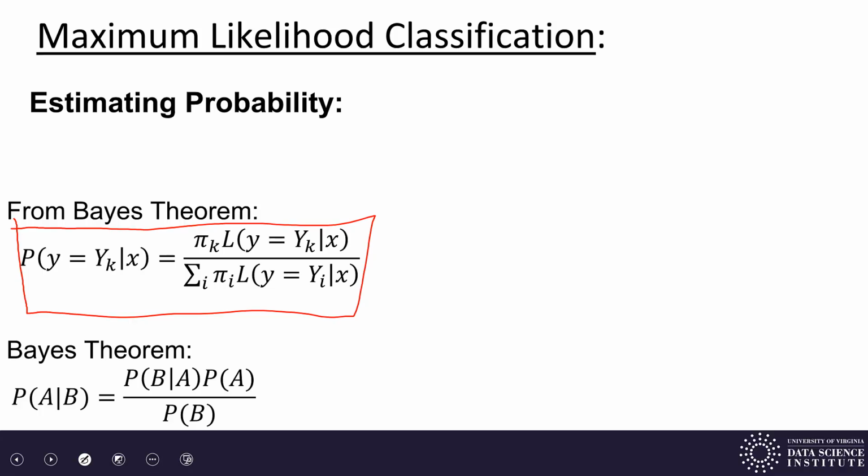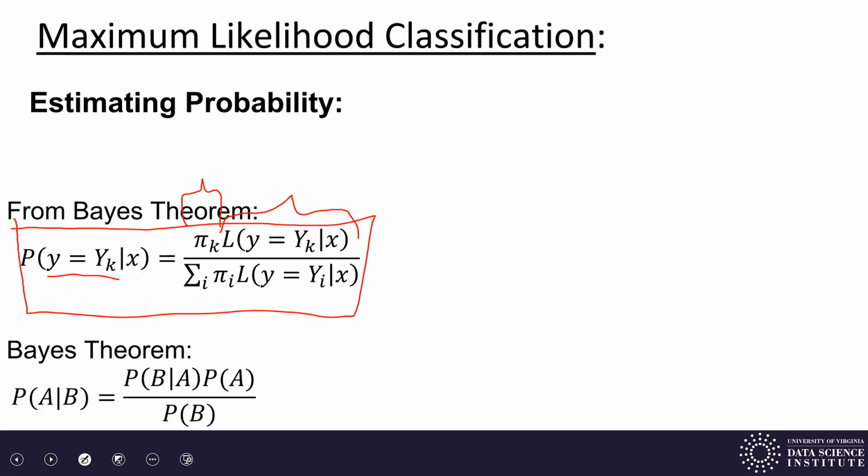What's going on here is we have this L, that's the likelihood of the class that we're looking at. So the probability of class k is the likelihood of that class times the prior probability for that class, this pi sub k. Prior probability, remember, has to do with our data and how often that class is represented in the data.